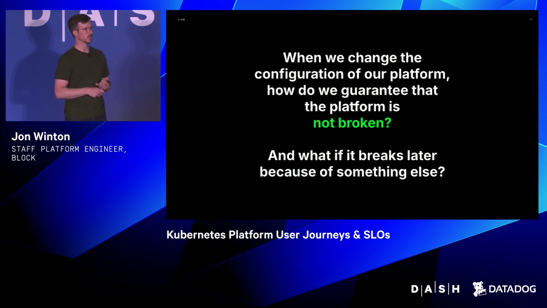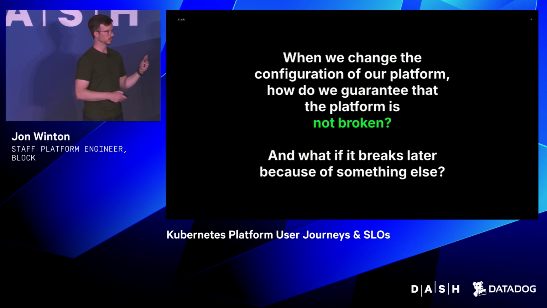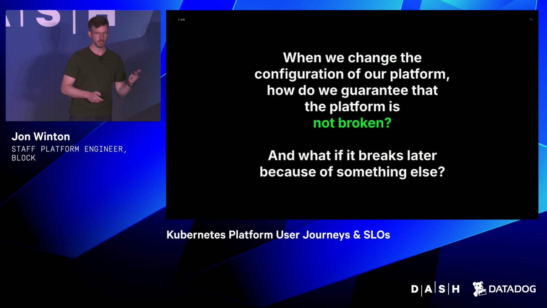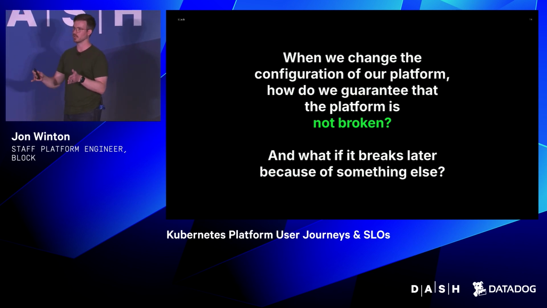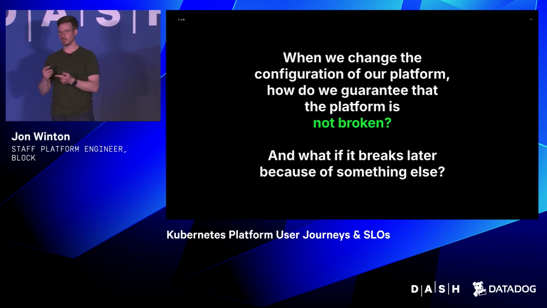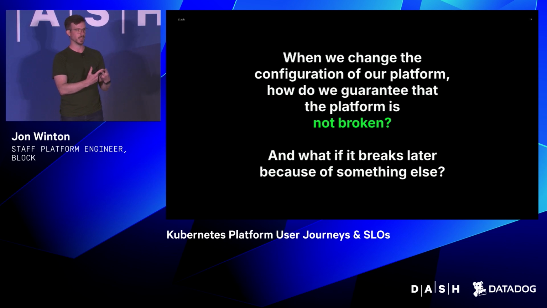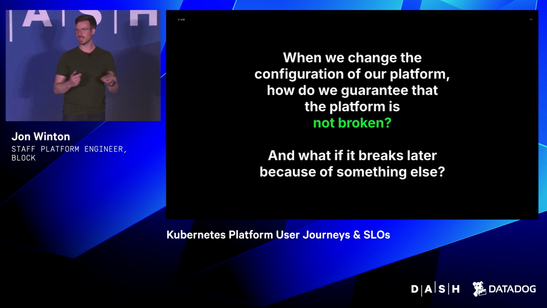We're getting into this. When we first started diving into everything, we were asking two main questions. When we change something, how do we ensure that it's not broken? And whenever there's time in between our changes, how do we know that it stays in a good state? And by changes, I really mean everything like installing a new tool in a cluster, upgrading an existing tool, changing your VPC configuration if you're in AWS, just anything that could affect your system.